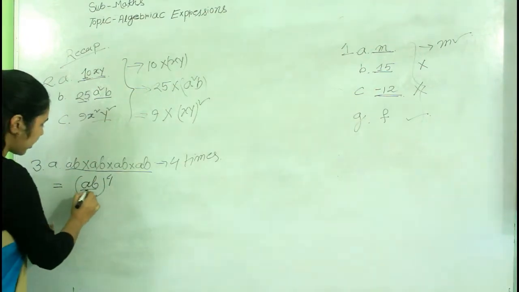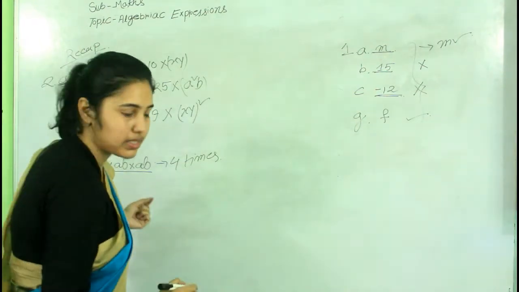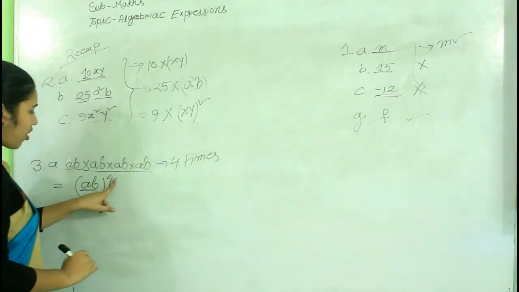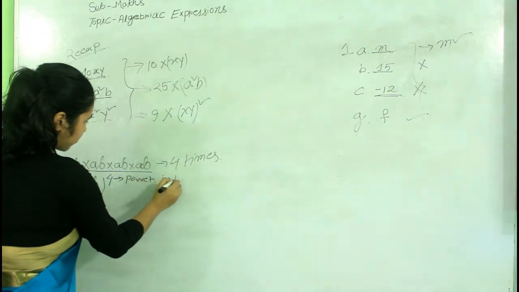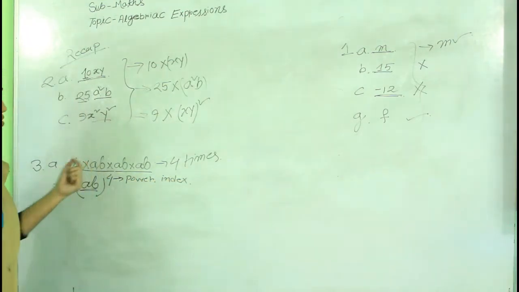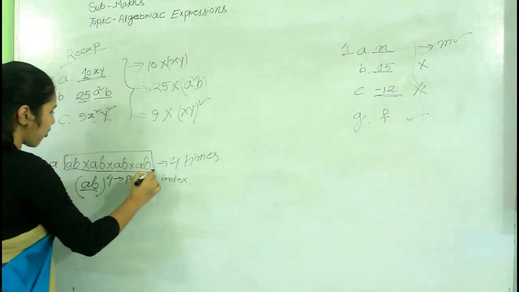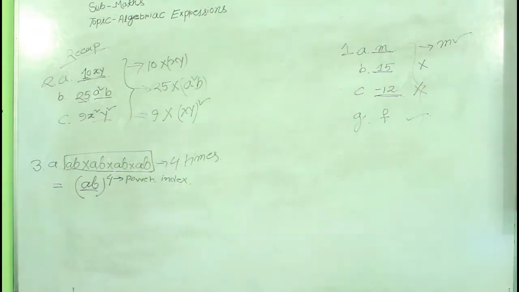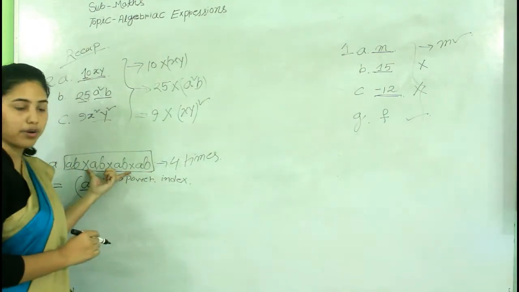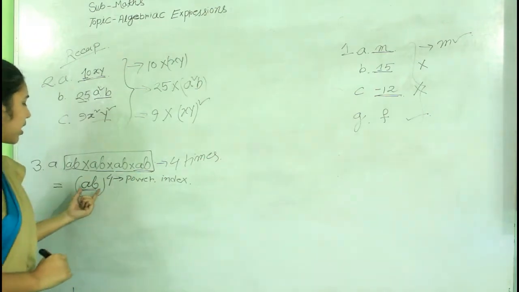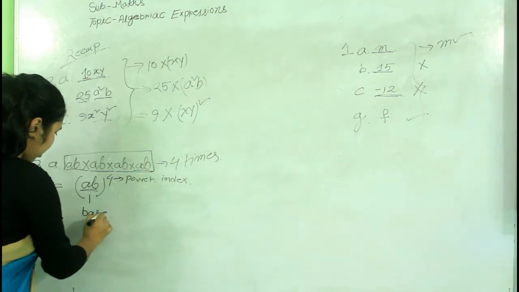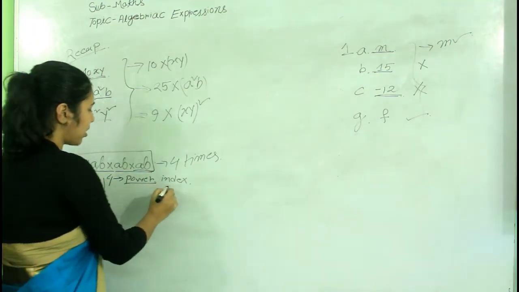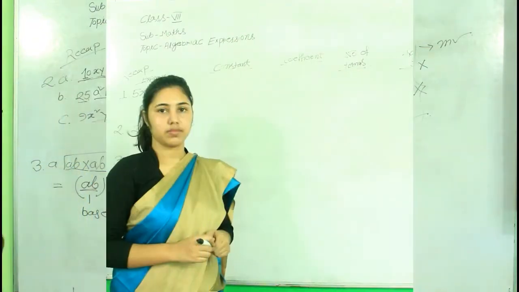We know that here AB is called the base and this 4 is called the power or exponent or index, right? So the exponential form of this expression is AB whole to the power 4, and AB is the base and 4 is our power or index.